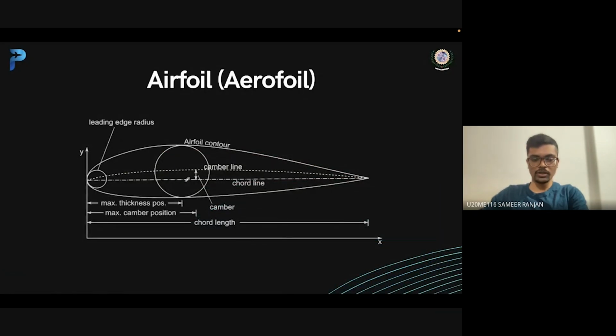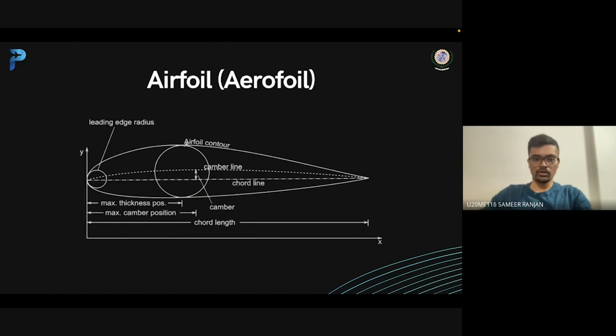In this slide, you can see the camber line and the chord line that I already explained. In any airfoil, you'll find one point of maximum camber, the point where the camber is maximum. In the whole airfoil, the camber is increasing from here to here, and from here it is decreasing. So there is one maxima, and that distance from the leading edge is called the maximum camber position.